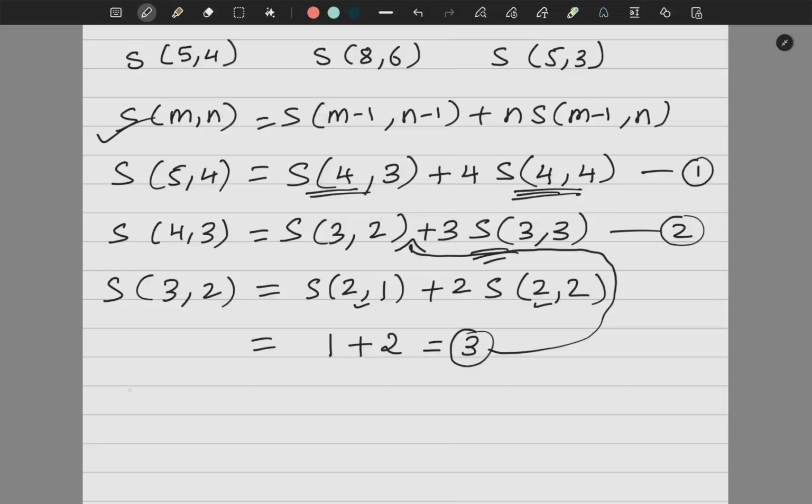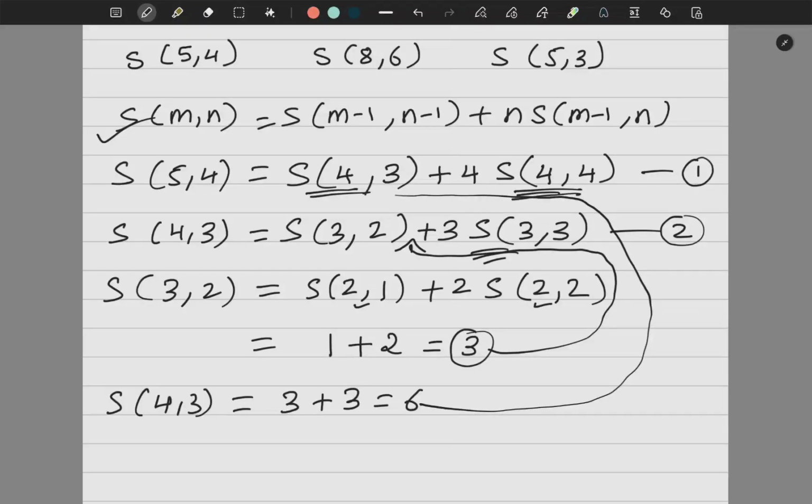So how much will you get? You will get S(4, 3) is equal to 3 plus 3, that is 6. Now this value 6 you substitute in equation number 1. So S(5, 4) is equal to 6 plus 4 times 1. How much will you get? 10. That is my answer.